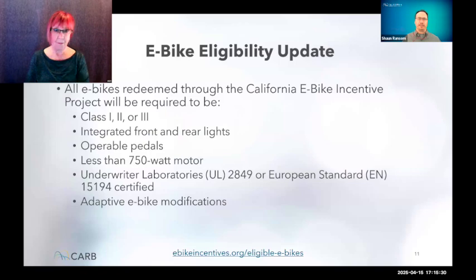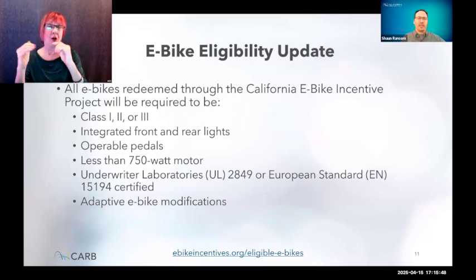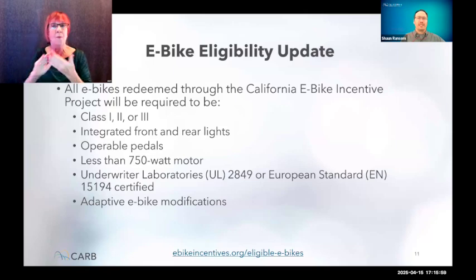Okay, next slide. Here's a little bit more on the e-bike eligibility. All e-bikes must be class 1, 2, or 3, have integrated lights, operable pedals, and a motor with less than 750 watts. One of our most recent updates is to require Underwriters Laboratories, also known as UL, requirements, or the European standard, also known as EN, certifications.